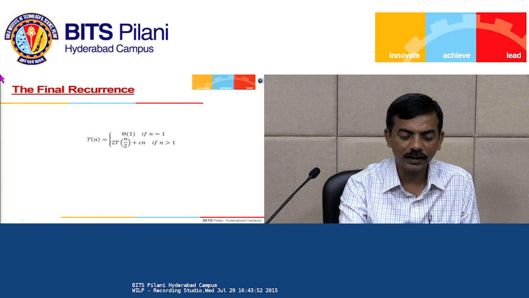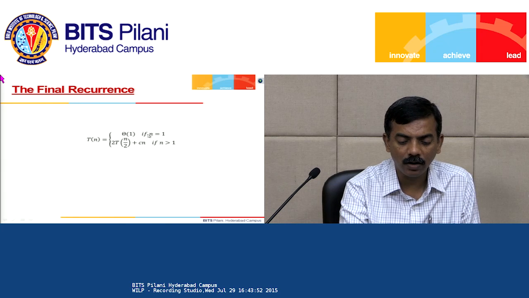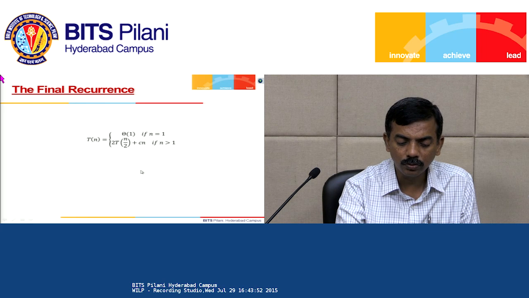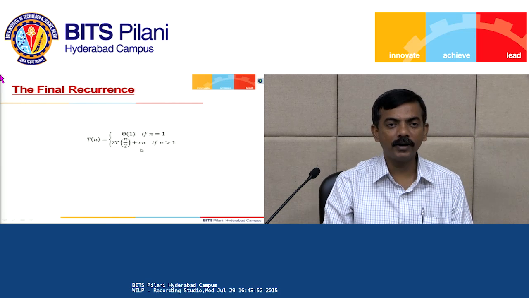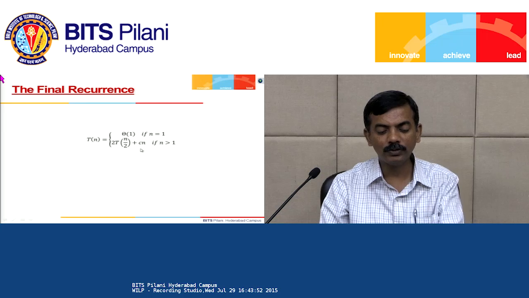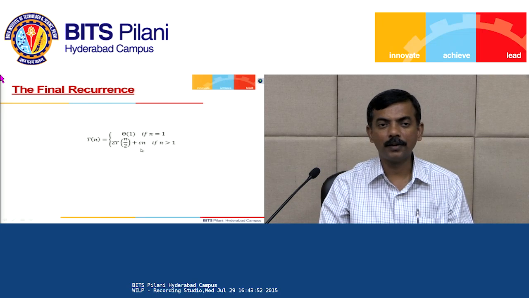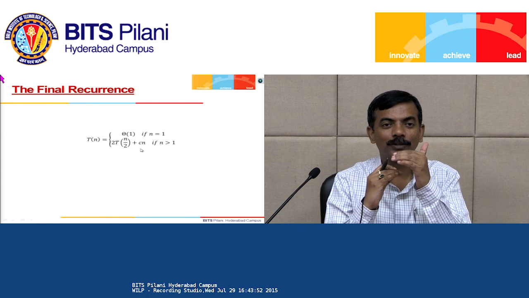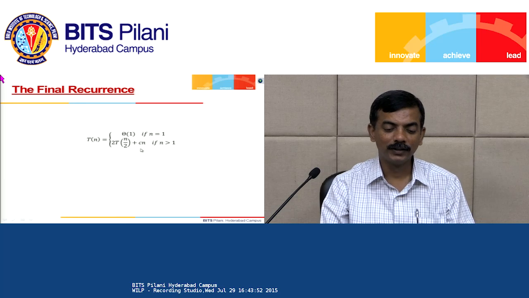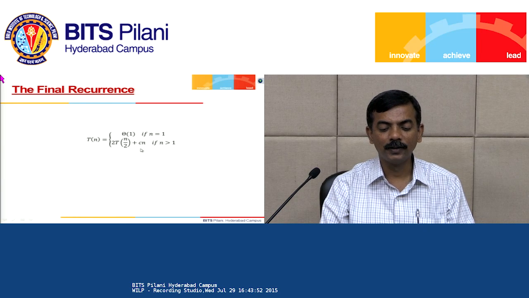We say that T(n) is equal to theta of 1 if n is equal to 1, and is equal to 2 times T(n/2) plus Cn. Rather than saying theta of n, we are using a constant C times n. Theta of n means it is bounded above and below by some constant times n, right? So we are using a constant times n, if n is greater than 1.